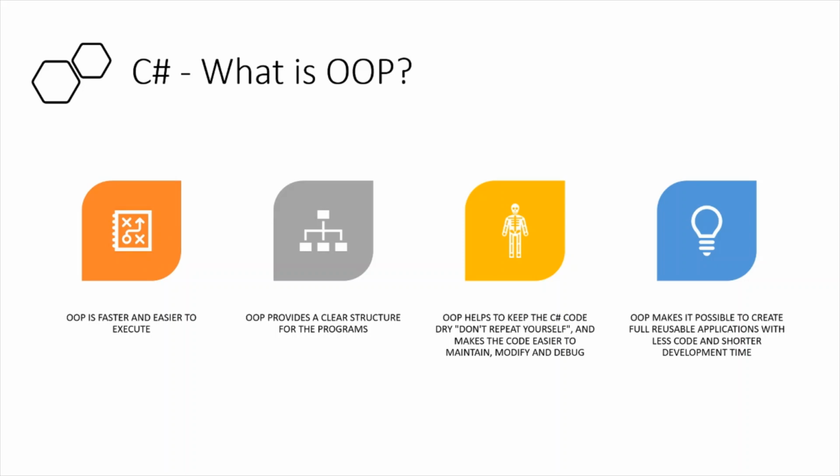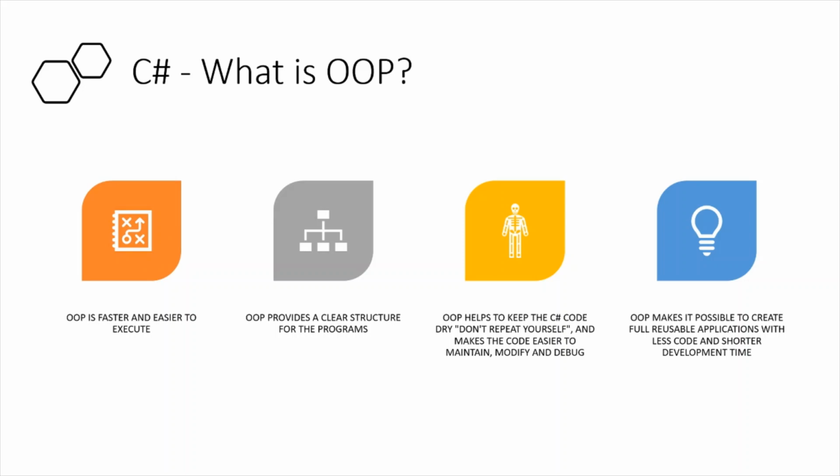But in OOPS we revolve around objects. We divide the problem into objects. So let's say we are creating an application for a restaurant which takes orders from customers, and accordingly customers can select a menu from the restaurant and order that menu.